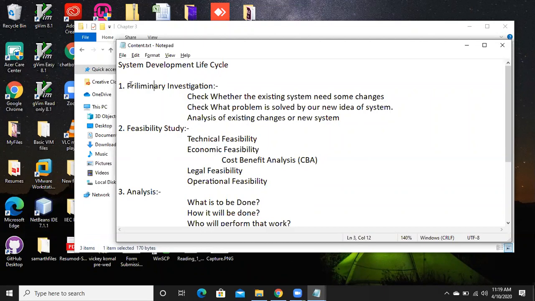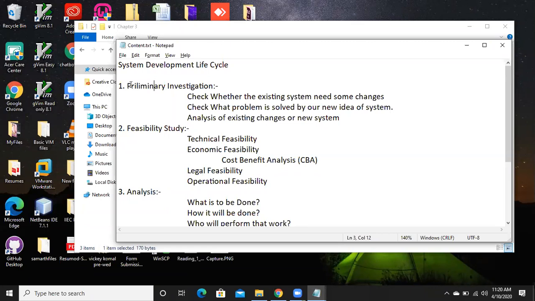To conclude the preliminary investigation point, we analyze what the problems are in the existing system, or if there is no existing system and our system is new, if there is only an idea of our system, we first analyze what kind of problem will be solved by that particular idea, right? In preliminary investigation, we do all these things.